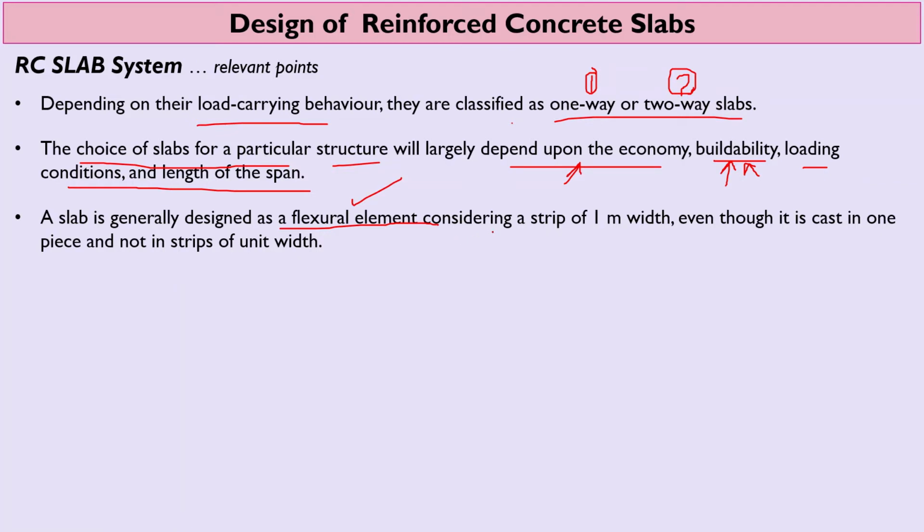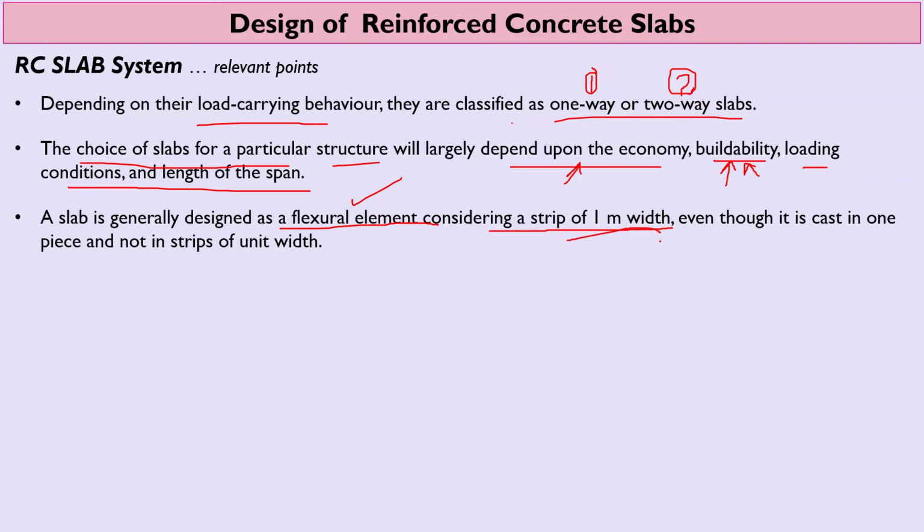Now, a slab is generally designed as a flexural element, just like a beam. Here, what we have to do, we will be taking a strip of 1 meter width. That means if a slab is, suppose, 10 meters long, then we will be designing a 1 meter strip of the slab, and that reinforcement, whatever we are able to get, will be carried forward throughout the slab.